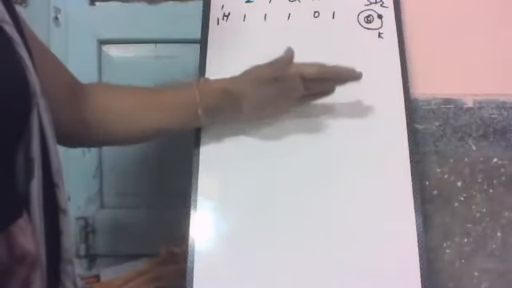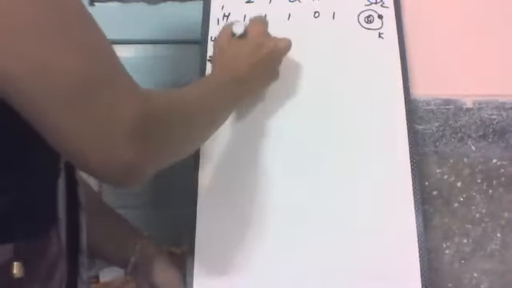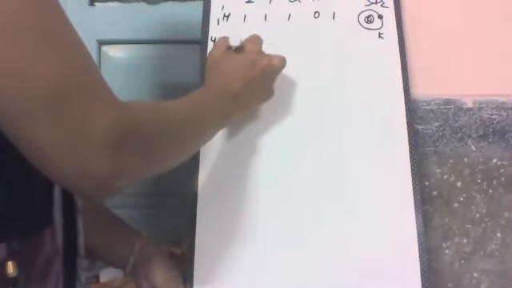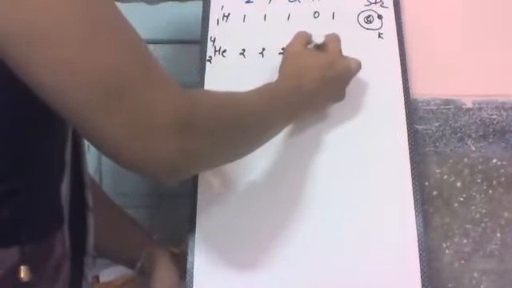Then the second shell is known as L, then M, then helium. Helium has atomic number 2 and atomic mass 4. The atomic number is 2, number of protons is 2, number of electrons is 2, and the number of neutrons is 4 minus 2, equal to 2, and the atomic mass is 4.